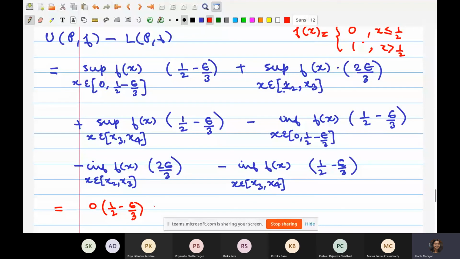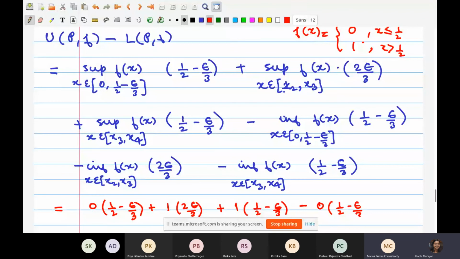And what happens on [x2, x3]? x2 is a point slightly to the left of 1/2, so the supremum is 1, and this term is 1 times 2 epsilon/3. Then what happens on [x3, x4]? The function is 1 there, so this is 1/2 minus epsilon/3. And what is the infimum? The infimum is 0.